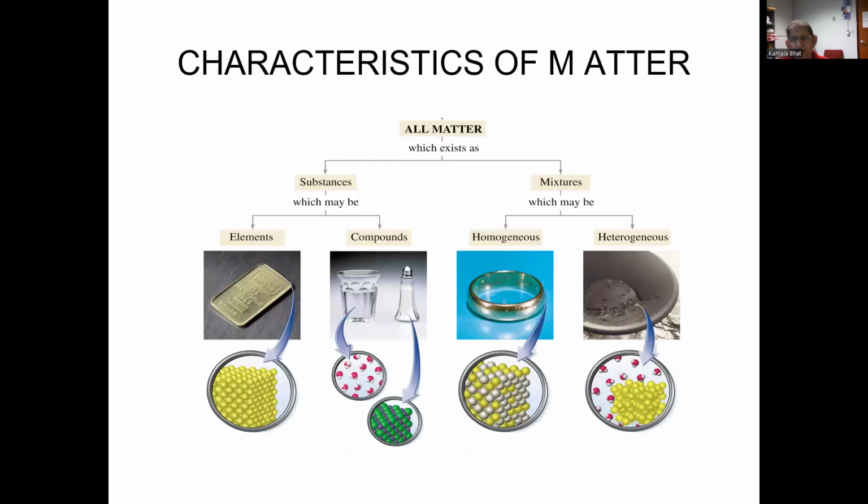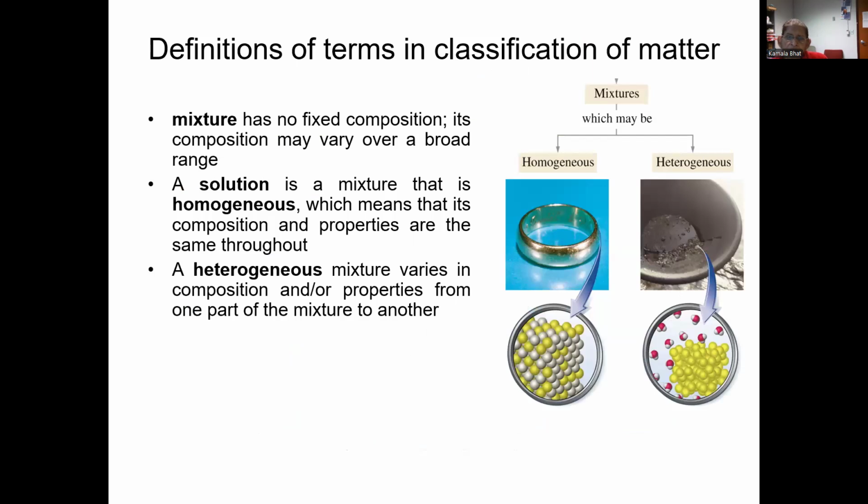The characteristics of all the matter that is present we have shown in this particular slide, so that you can have elements, compounds, homogeneous mixtures, and heterogeneous mixtures. A mixture has no fixed composition. Its composition can vary over a broad range. A solution is a mixture that is homogeneous, which means that its composition and properties are the same throughout.